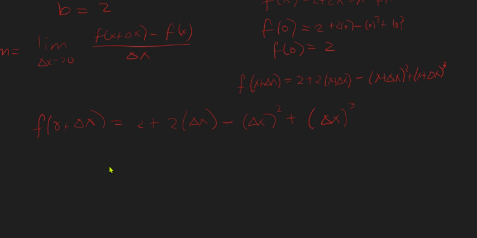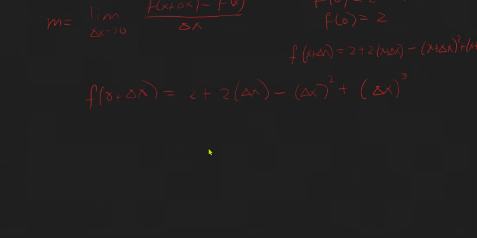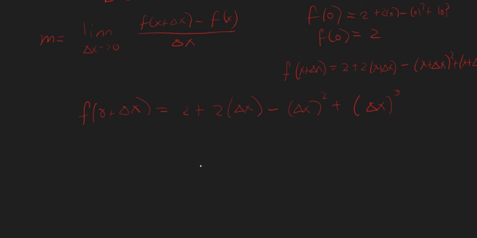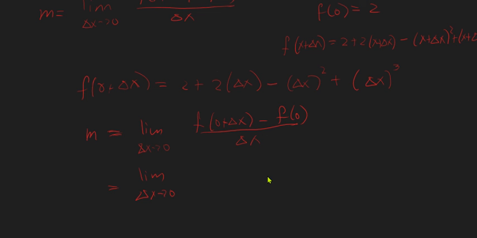And this will be our f of x plus delta x. So the slope will be equal to the limit of f of 0 plus delta x minus f of 0, all over delta x, as delta x approaches 0. What is f of 0 plus delta x? It's 2 plus 2 delta x minus delta x squared plus delta x cubed.